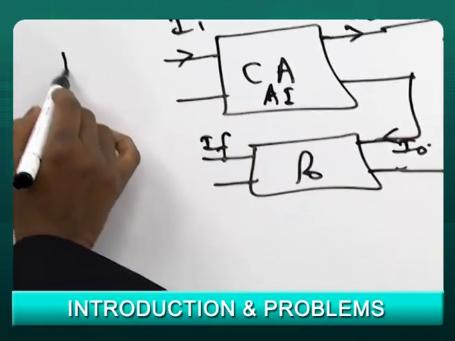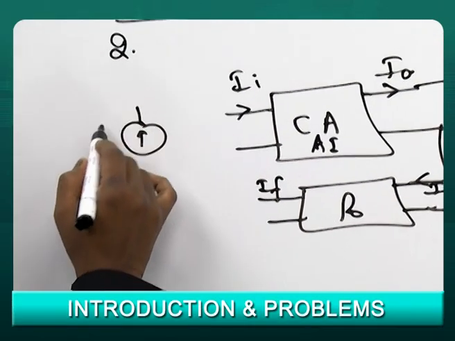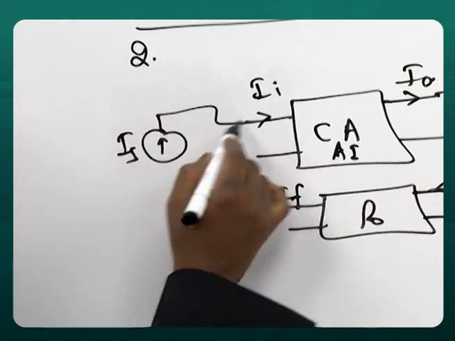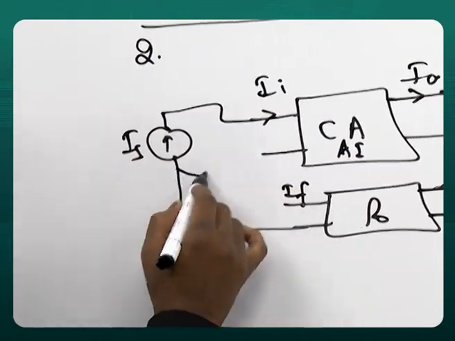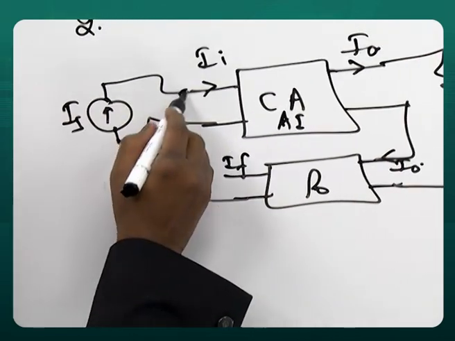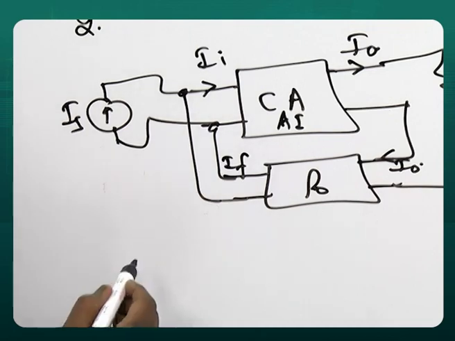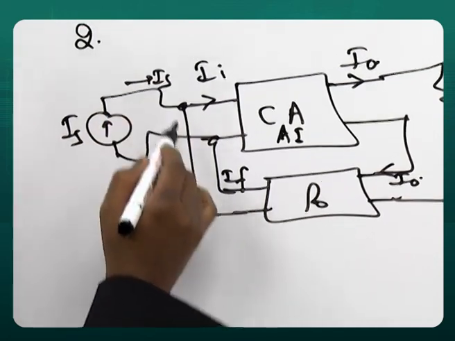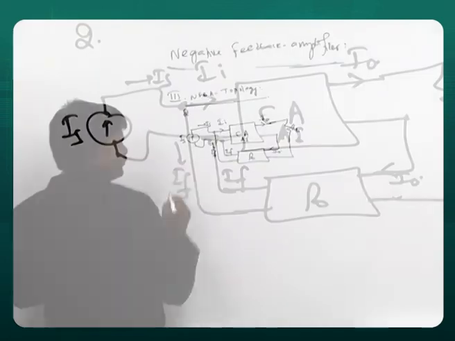If these are currents, I should take a current source. If I take a current source, that will come like this. So this is IS, this is IF.